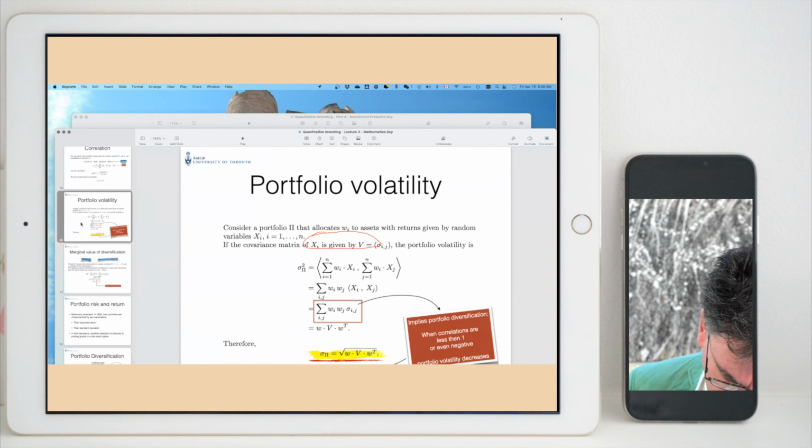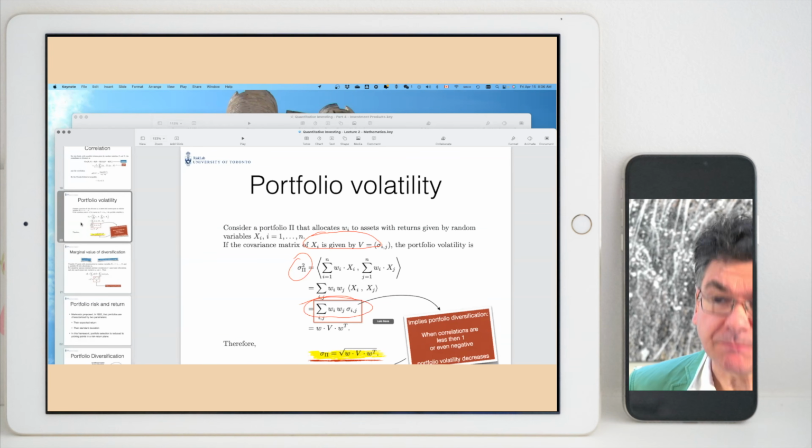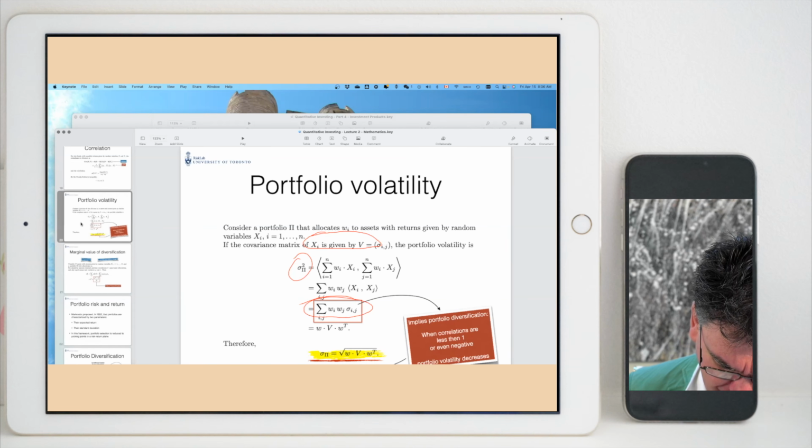The portfolio volatility is this expression, the sum of all the possible products between the different weights, or wealth allocated to each investment, times the covariance between those investments, which we can express in matrix form like that.